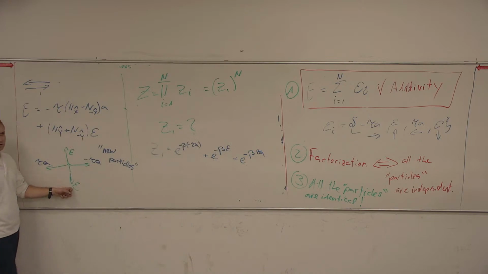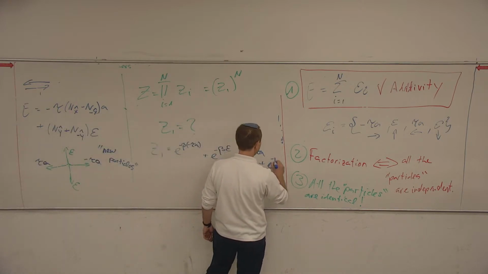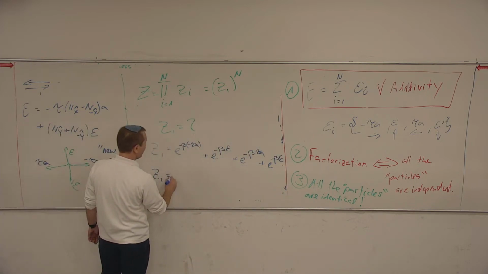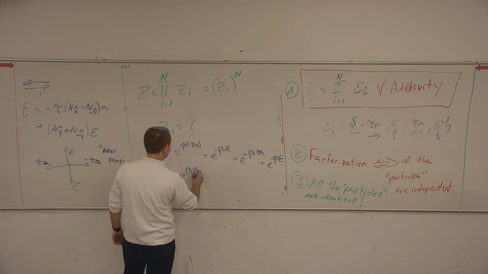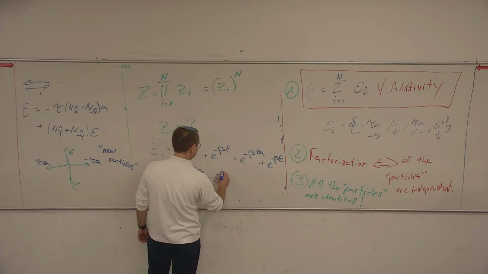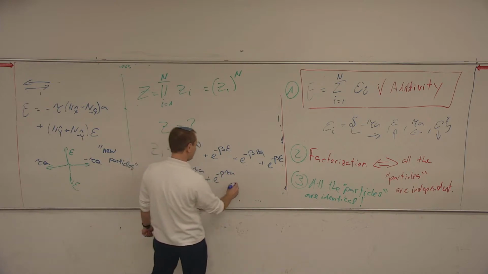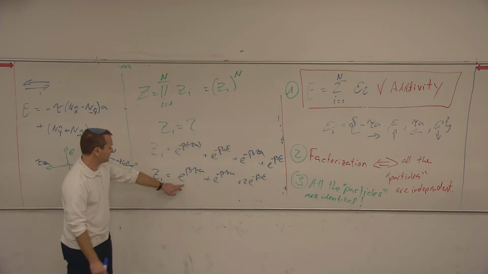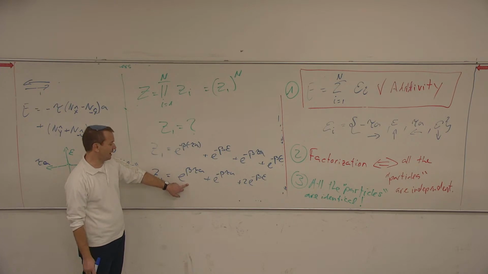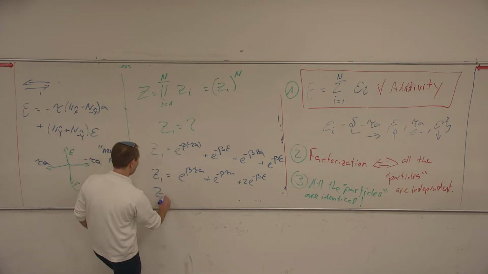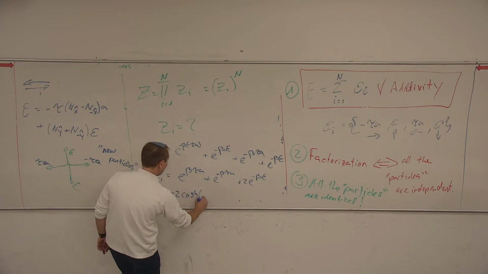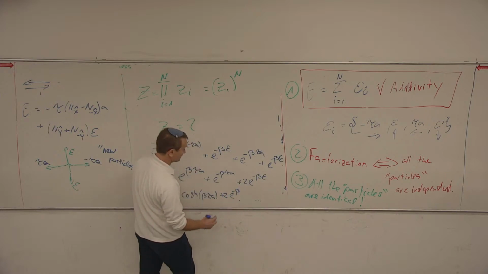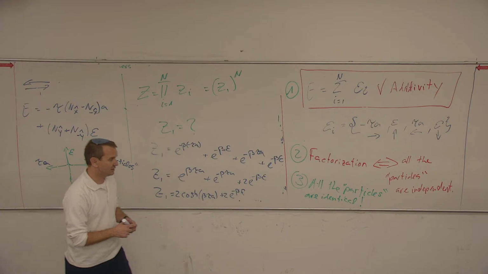State number 4, the energy is epsilon, plus e to the minus beta epsilon. So we have Z1 equals e to the power beta tau a plus e to the power minus beta tau a plus 2 e to the power minus beta epsilon. This is 2 times hyperbolic cosine, right? So Z1 is 2 cosh of beta tau a plus 2 e to the power minus beta epsilon. This is Z1.